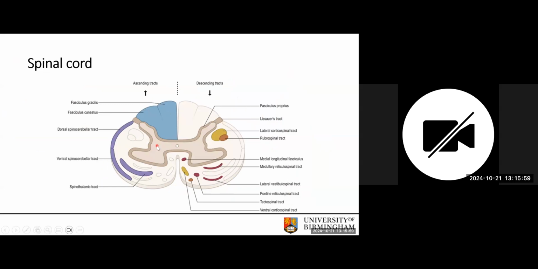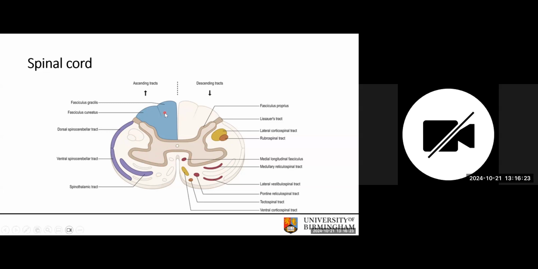And we talk about gray matter and white matter whenever we are describing the different regions of the nervous system. So we have gray matter here in the center of the spinal cord and white matter in the periphery.